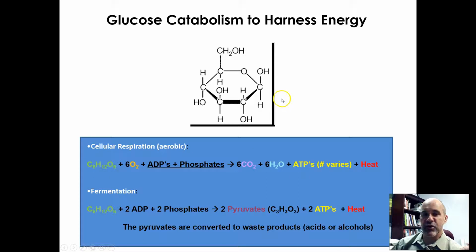It's a sugar molecule, a monosaccharide. It has 6 carbons in it. There's 1, 2, 3, 4, 5, and 6. It also contains 6 oxygens and 12 hydrogen atoms, and they are arranged in this particular pattern. So this is the preferred energy source for most chemoheterotrophic type organisms.